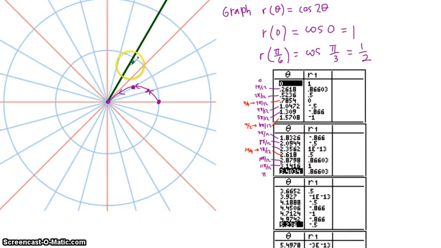A positive radius is in the positive direction, wherever my spinner is, but instead I'm going to follow it in the opposite direction and go negative. So that will be negative 0.5. I'm going to move to the next one, which is going to be right here. At 5 pi over 12, I should be at negative 0.866. So I'm going to follow that to the negative side and go to 0.866.